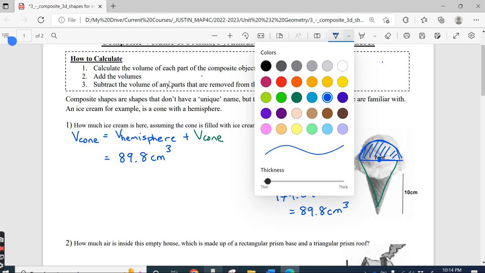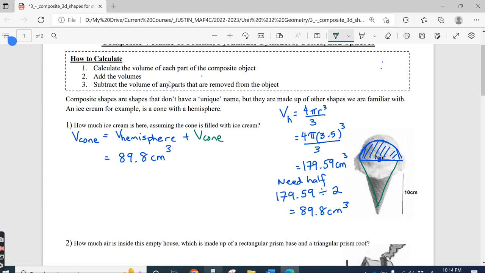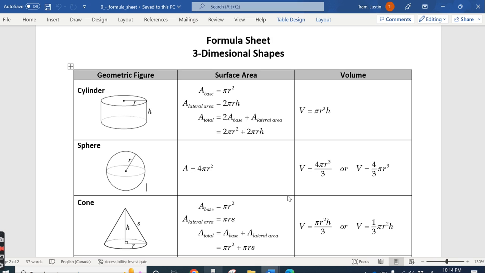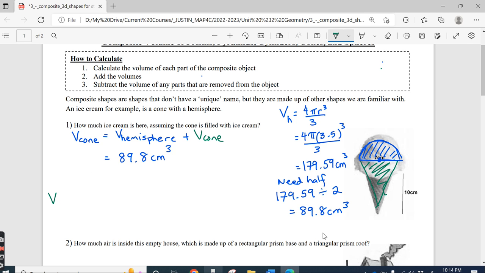Now let's go with green and look at the cone. So what's the volume of a cone? I'm going to do that down here. So the volume of this cone would be, if you look back at the formula sheet, pi r squared h divided by 3. So volume equals pi r squared h divided by 3, and the radius is still the same, right? They share the same radius.